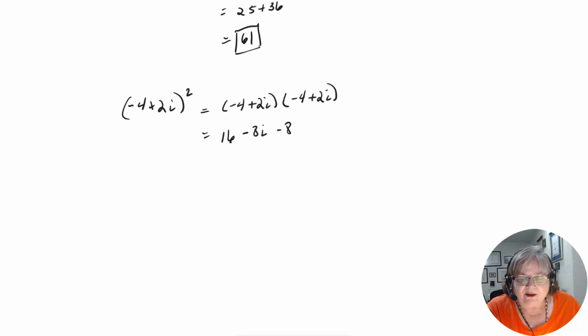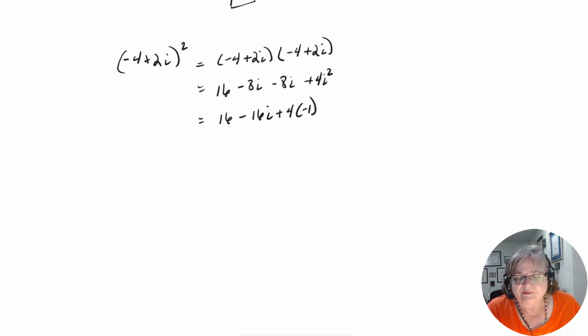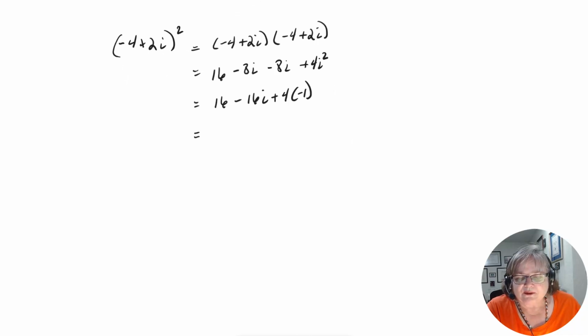Then you'd have another negative 8i, and then you would have plus 4i squared. So it's 16 minus 16i plus 4 times a negative 1. So 16 minus 16i minus 4 is 12 minus 16i.